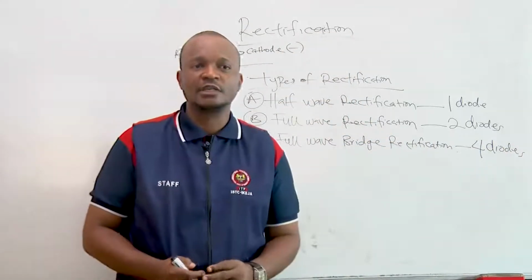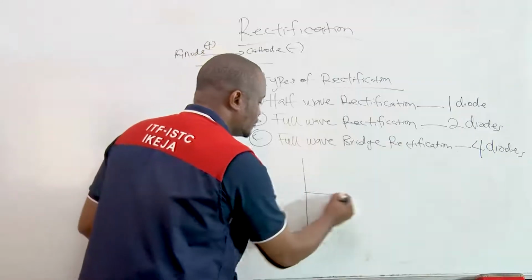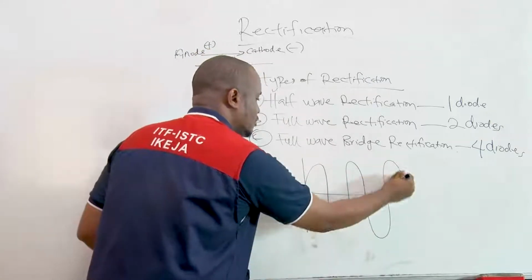What is a half-wave rectification? A half-wave rectification is defined as a type of rectifier that allows one half cycle of an AC voltage waveform to pass while blocking or chopping off the other half cycle. In our previous lesson, we saw the waveform of an alternating current.